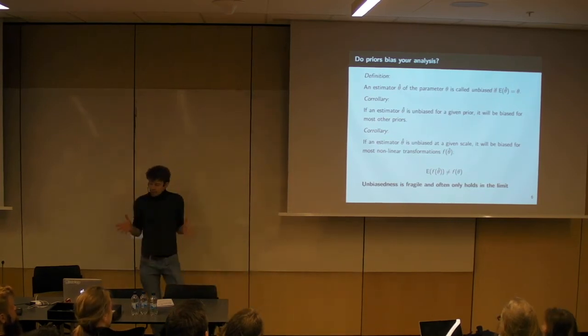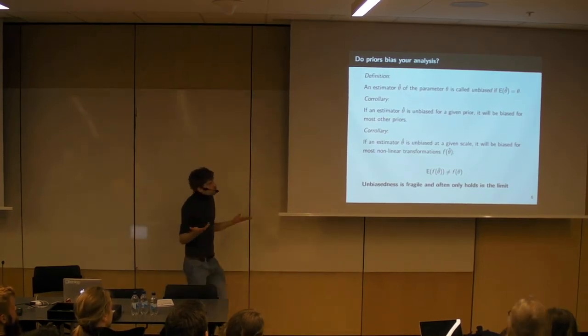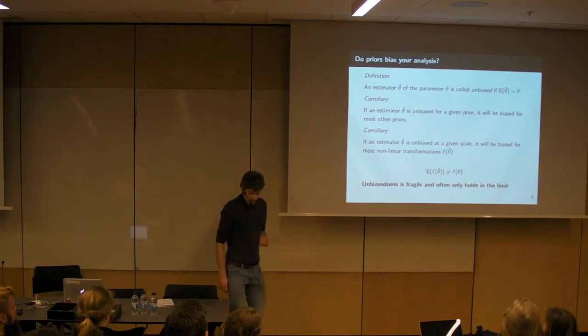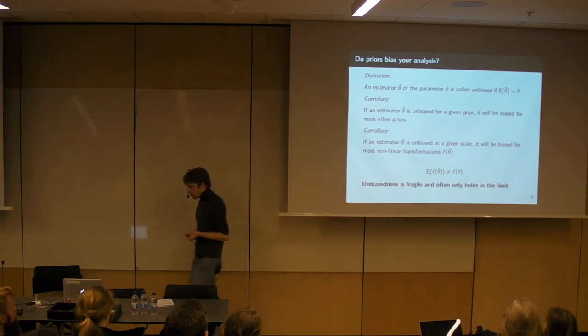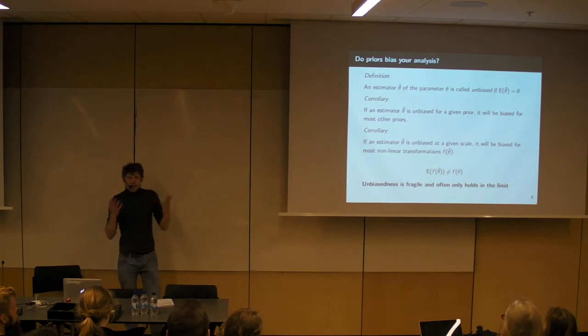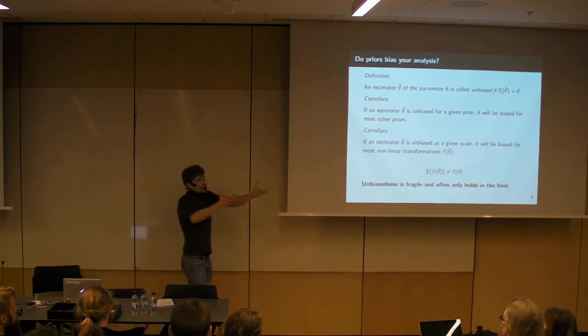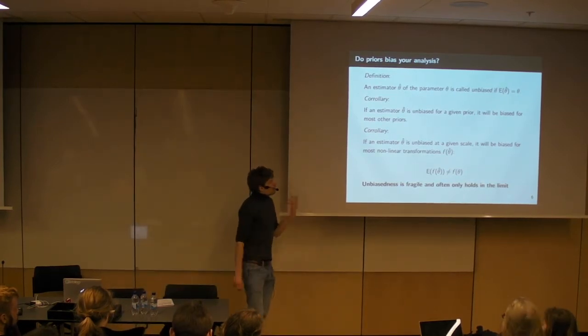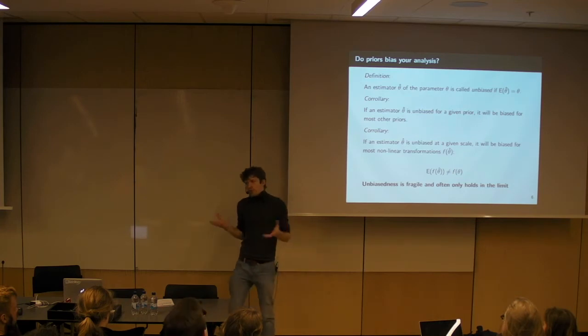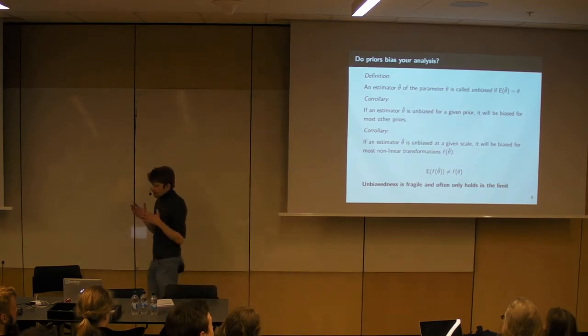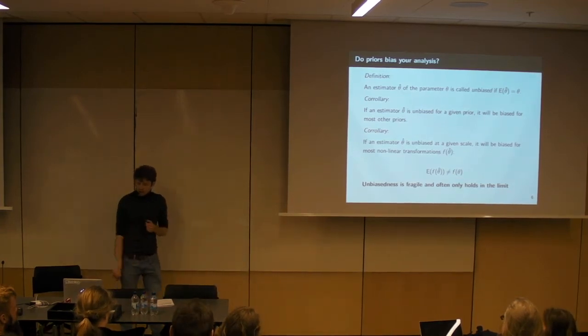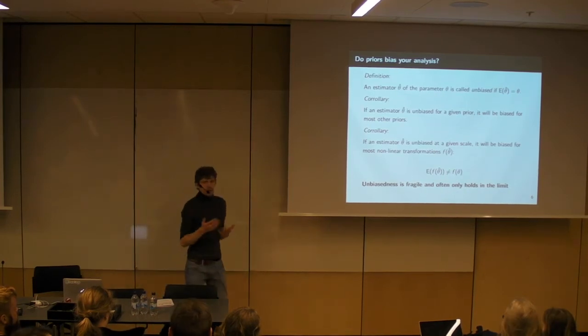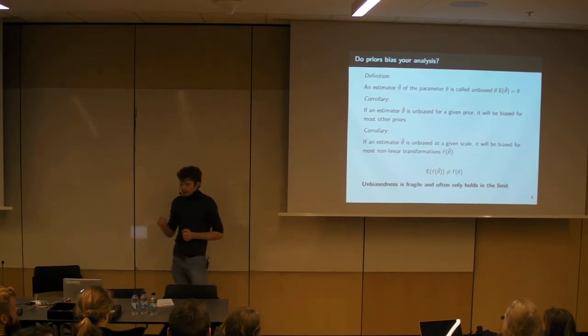So on average, the estimator is right. Then we call an estimator unbiased. And that's nice, right? If there is truly a true parameter, we want to be on average right. So that's an understandable criterion of an estimator, be it a classical estimator or a Bayesian estimator.